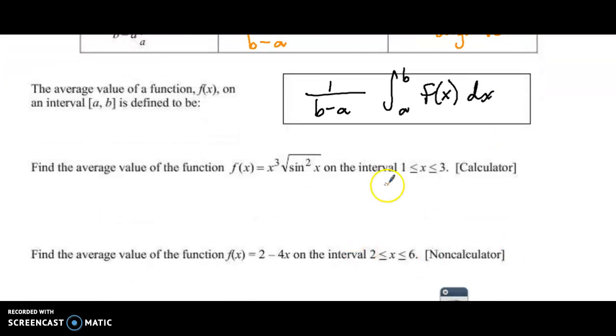So if we're asked to find the average value of a function, and they only give you the function, not the derivative, then what you have is 1 over the endpoints. This really is a slope problem. And then using a calculator, the integral from 1 to 3 of f of x dx.